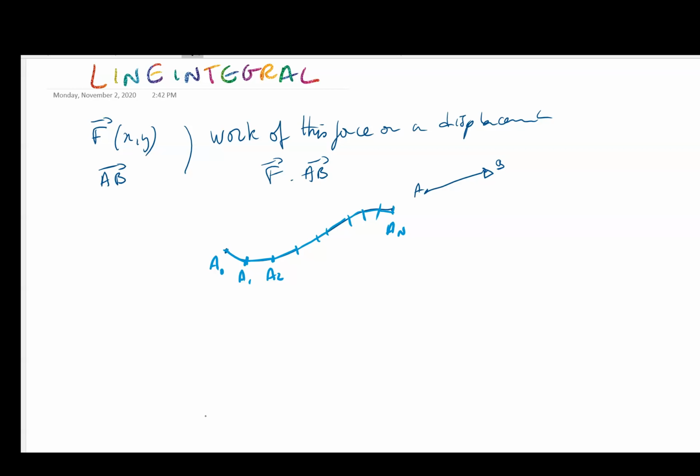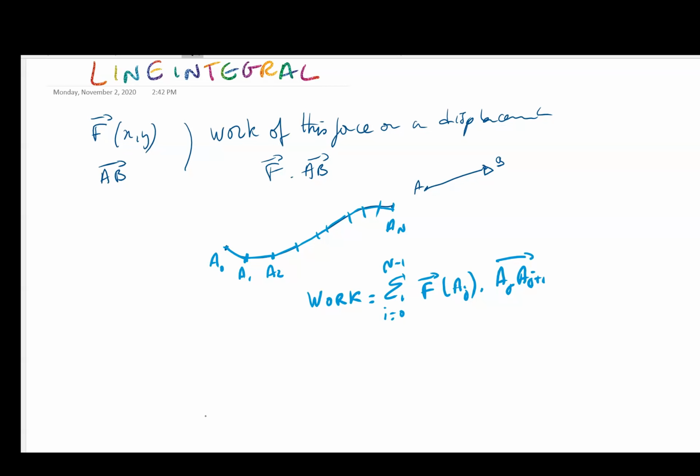So the work now would be given by, for one of the segments, the force at, let's say, point Aj times the vector AjAj+1, and I should sum that for j equal to 0 to, according to my notations, n minus 1. And so that would give you an approximation of the work of this force along that curve.